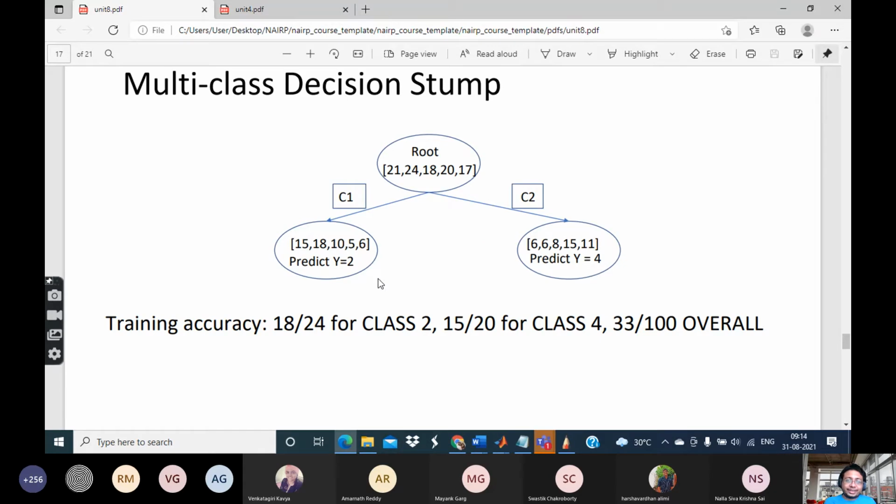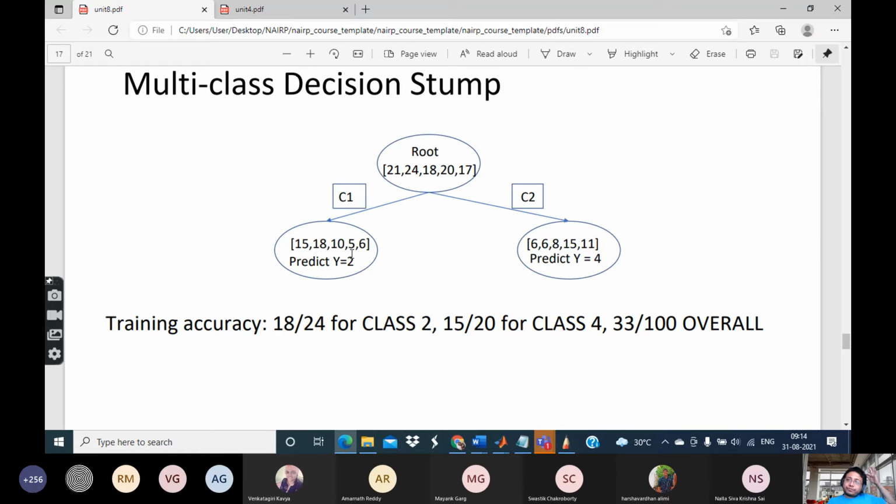So what is the accuracy I achieve in this case? There are 18 here which have the level of 2, and I have correctly predicted 2 also. The total number of examples here is how much? 15 plus 18, 33, plus 10, 43, okay, so 54 are here.